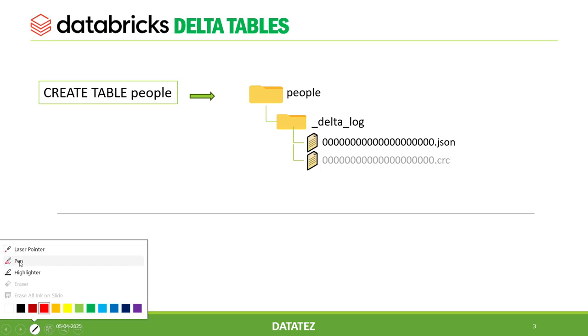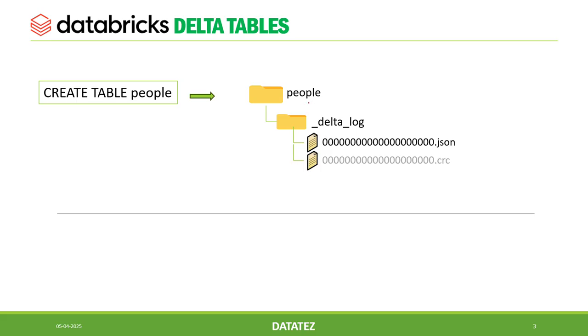Inside the folder, which has the same name as the table, there is going to be a subfolder with the name _delta_log. Within that, a JSON file will be created. This is what is powering the table features on the data lake. Whatever operations we do with respect to the table will be tracked and maintained under this folder.